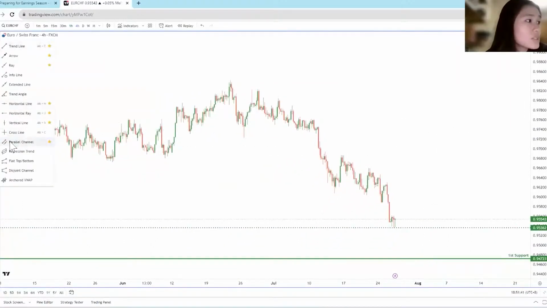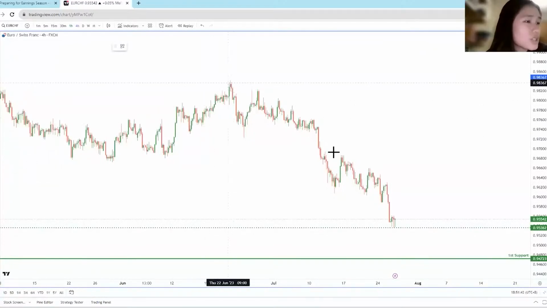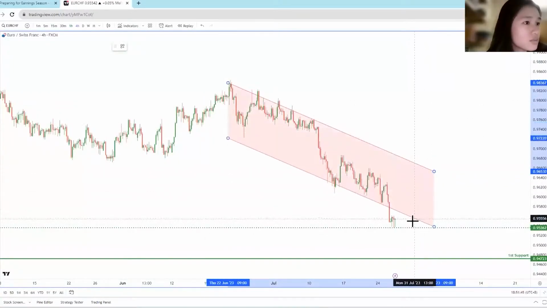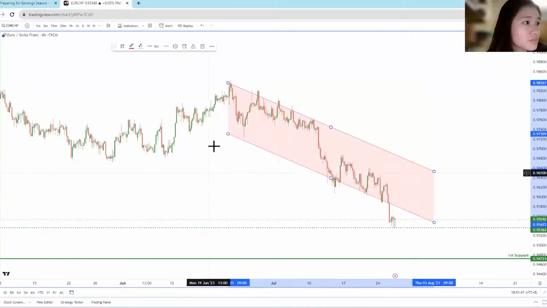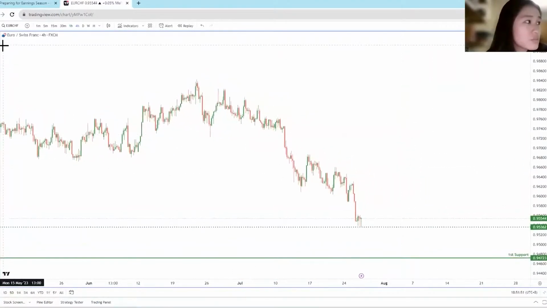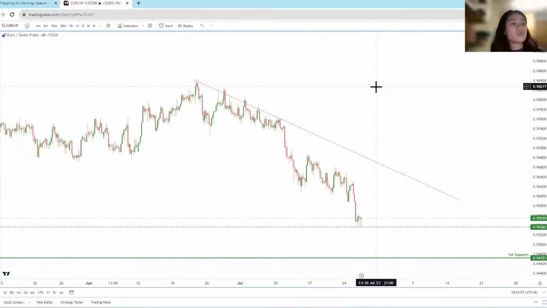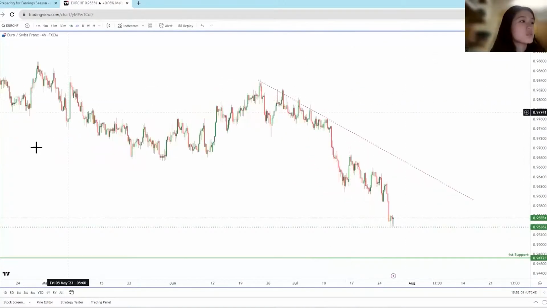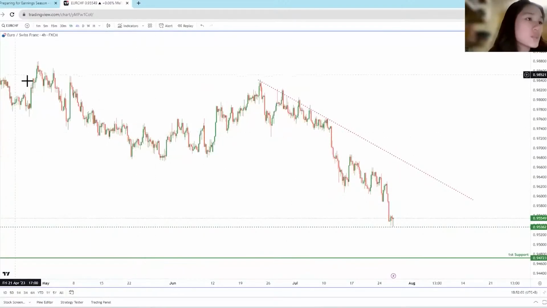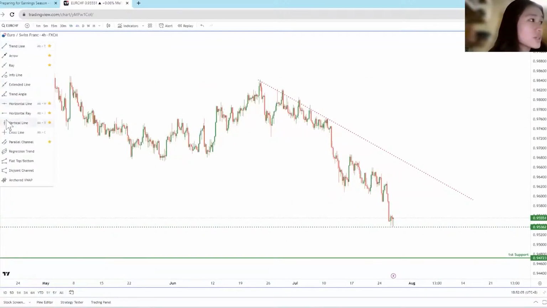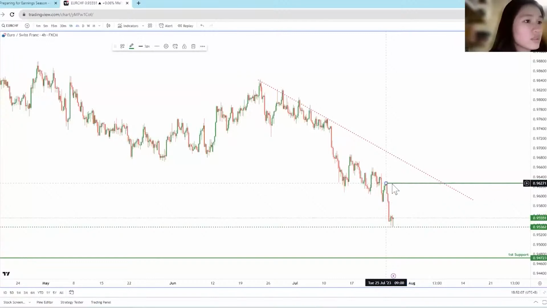Okay, now let's see if we have any channels. Okay, I don't think so. Trend lines, maybe. So we have our first support. Let's go in with another level.